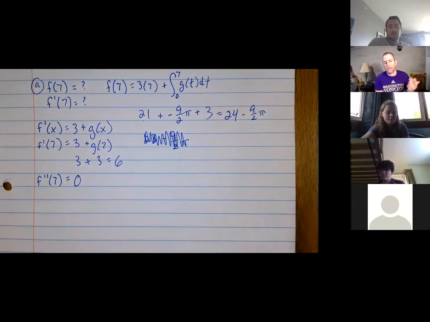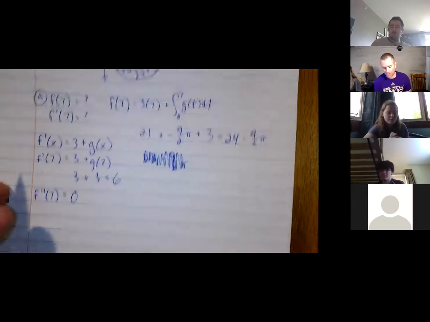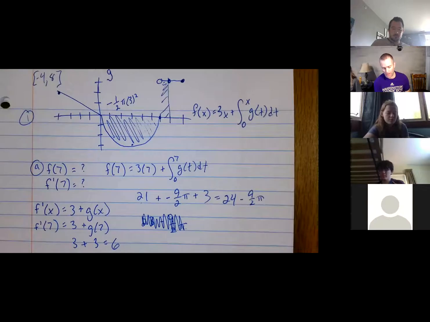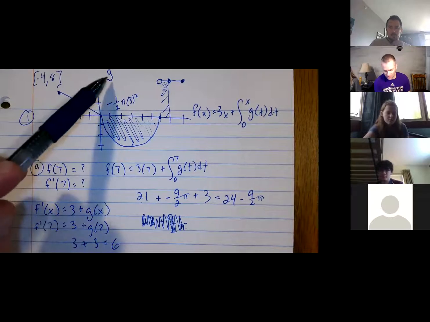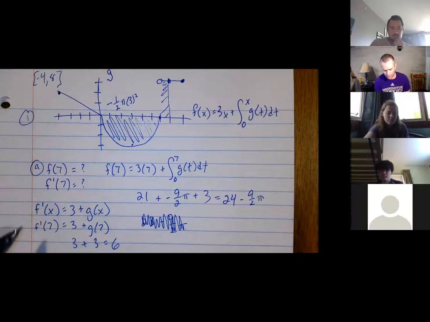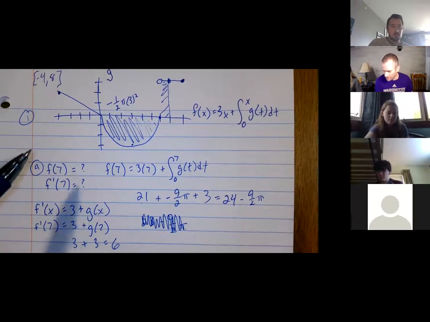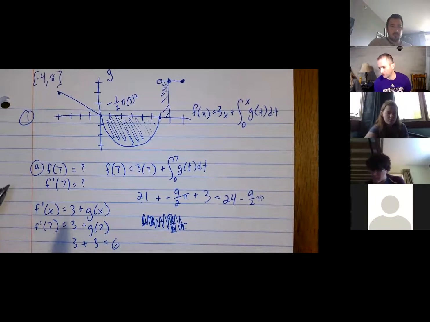Okay, most of these problems are structured in this way. If I had to guess, you're going to have a problem with a graph of g, but then g is probably going to be somehow related to the derivative of f, right? Something like this, okay? This is a really common question, and I think it is very likely to show up on one of the problems.